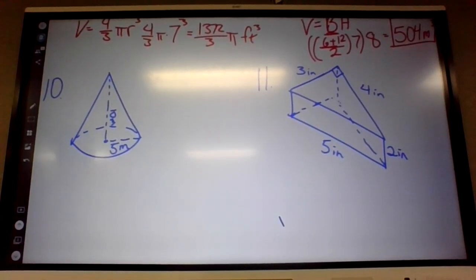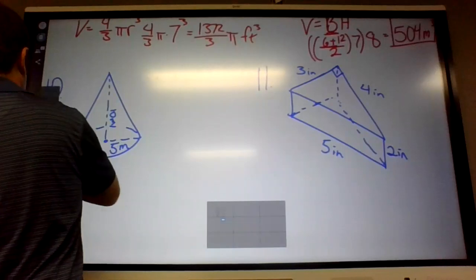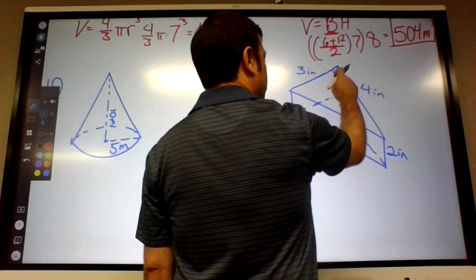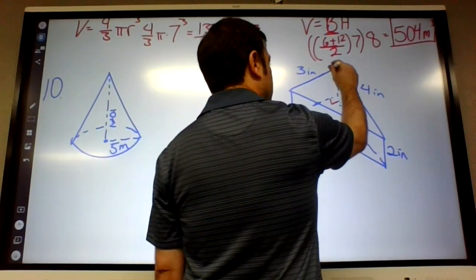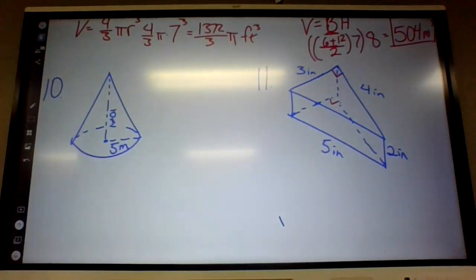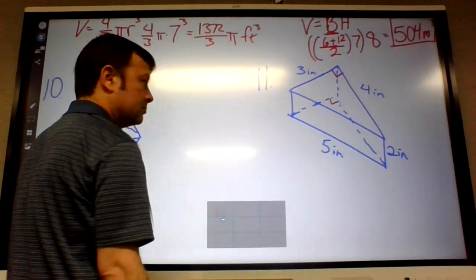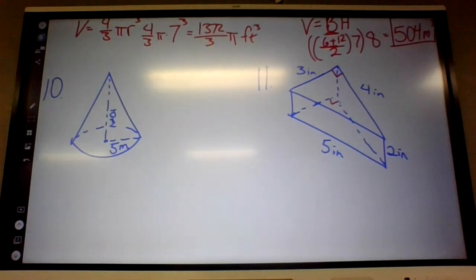Piece of pie, that's what that's supposed to look like. Maybe if I made this red, it would look better. Or maybe if I put it down here. I don't know. Oh, dude, this is so hard to draw.